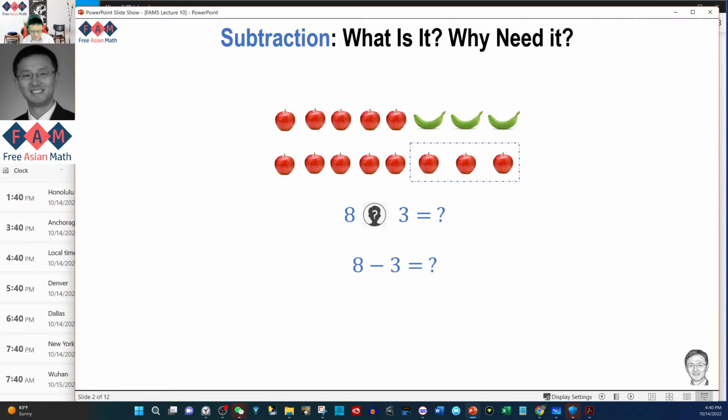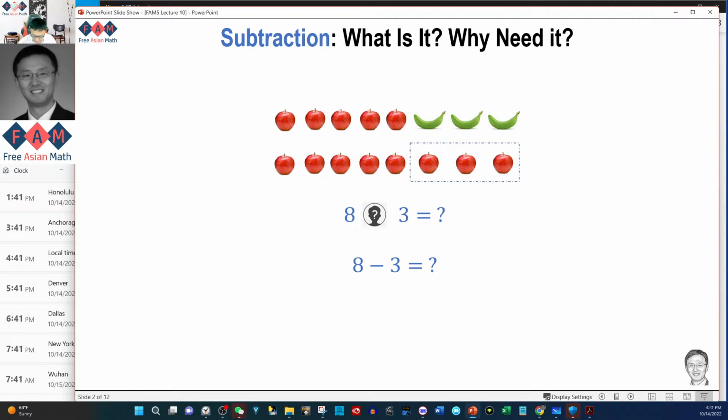So we just write this as an undefined operation. We do use the subtraction symbol to represent this operation so that it will be actually consistent with what we had already learned. But remember, at this time, we don't know what this is or what this means. We just know this is an operation that we want to have and which hopefully will give us the expected result, which is 5. That's where we are. So how do we define this operation?